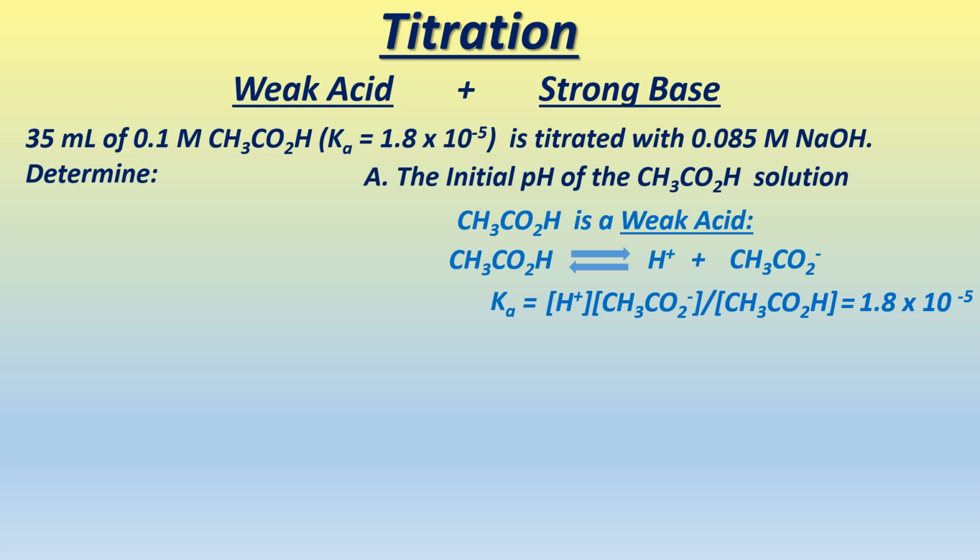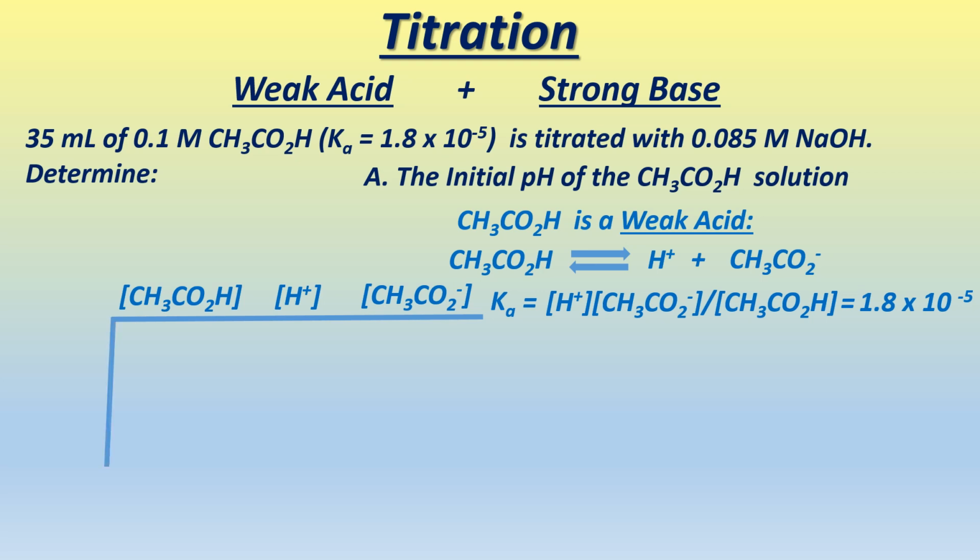At this point, as with all equilibria, the next thing to do is set up a table where you have columns that contain the 3 reagents, the CH3CO2H, H+, and the acetate ion. And the rows are always asking the same 3 questions. What was your initial amount? How much did that change? And what is the final amount?